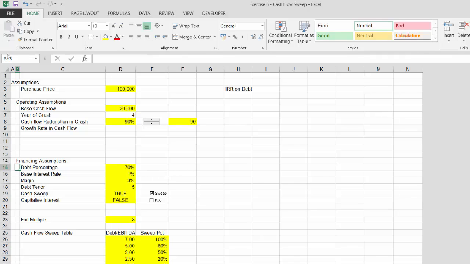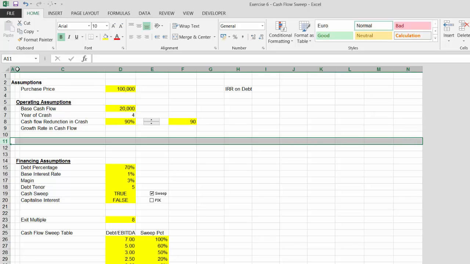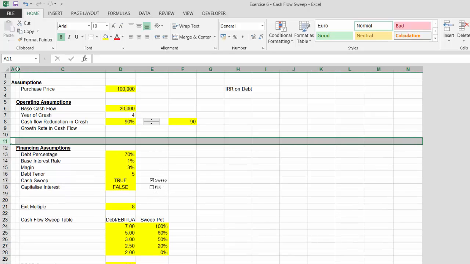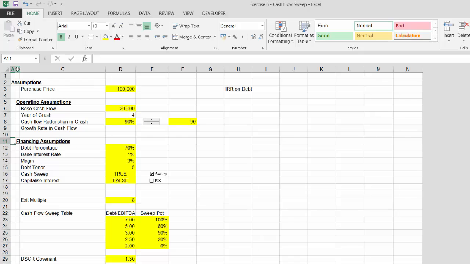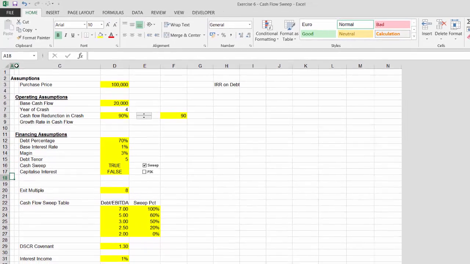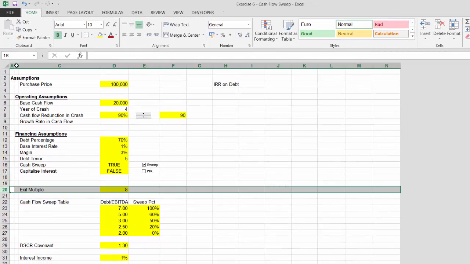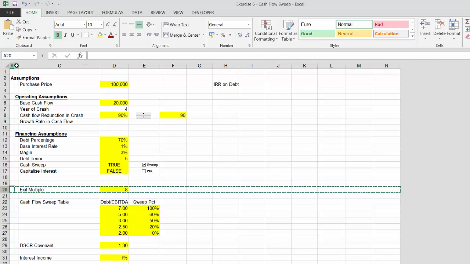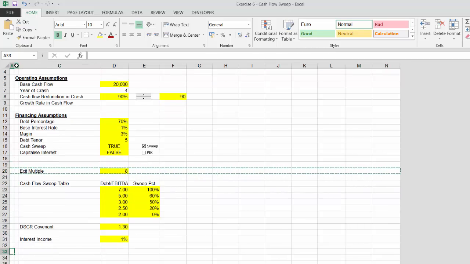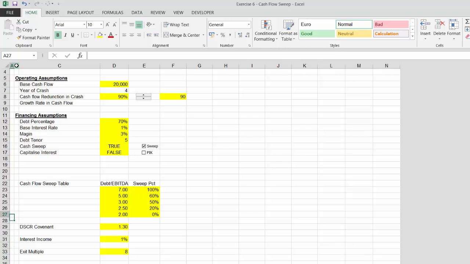Okay, and the structure of the model, it starts with the assumptions, and then we can put those things in. Next, okay, we have this exit multiple. I don't know where that should go. It probably could have gone with the operating assumptions.